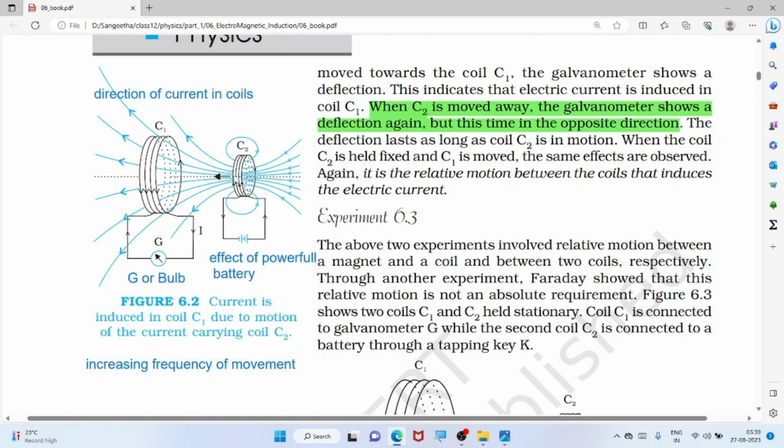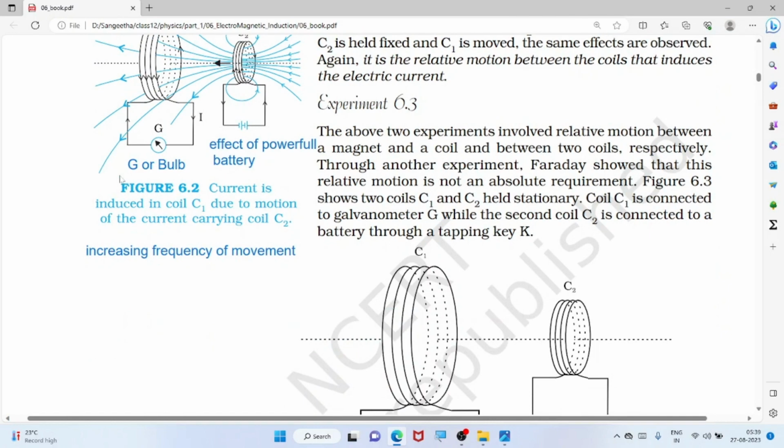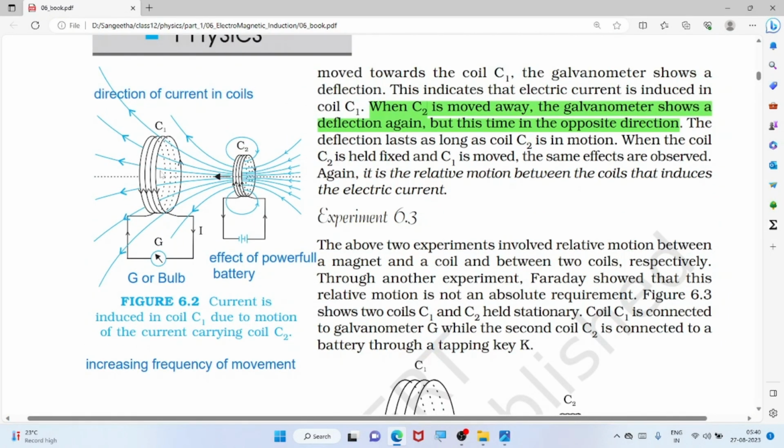You can also use an iron core inside this coil to increase the magnetic flux. If you move this coil very fast, the flux changes will also be very fast and more current will be induced.